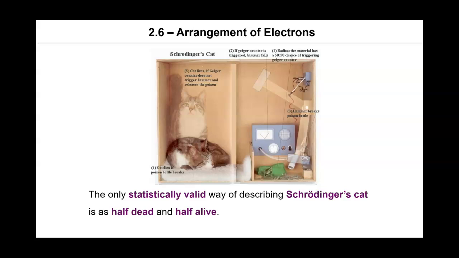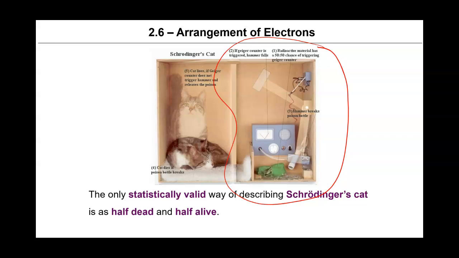So in the Schrödinger's cat thought experiment, what you have is a crate that is divided into two sections. And the divider has air holes in it, so air can get across the barrier. And on one side of the barrier, you have a cat. On the other side of the barrier, you have a fairly elaborate setup that might poison the cat.